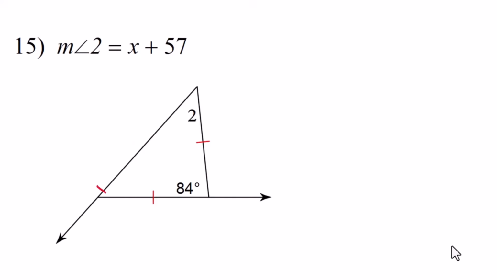Measure of angle 2 is x plus 57. Here's angle 2. And so this is isosceles. So that means that this is x plus 57 and this is x plus 57. I have the top angle. I know that all three angles have to add up to 180. So let's do that.